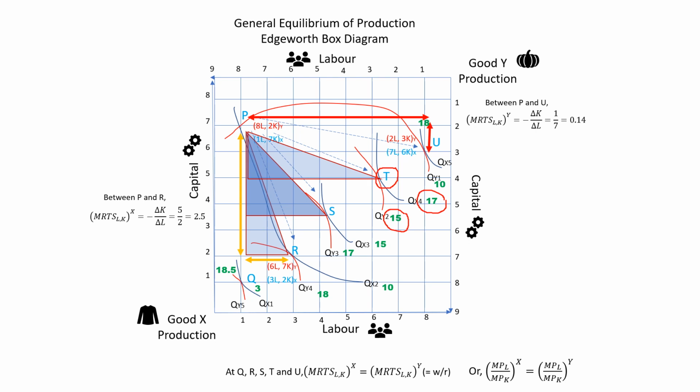The greater is the amount of labor that can be transferred to the production of clothing, the greater will be the impact on the production of clothing. And so this is the extreme case where we are having the maximum possible rise in the production of clothing, whereas the output of food remains at 10.